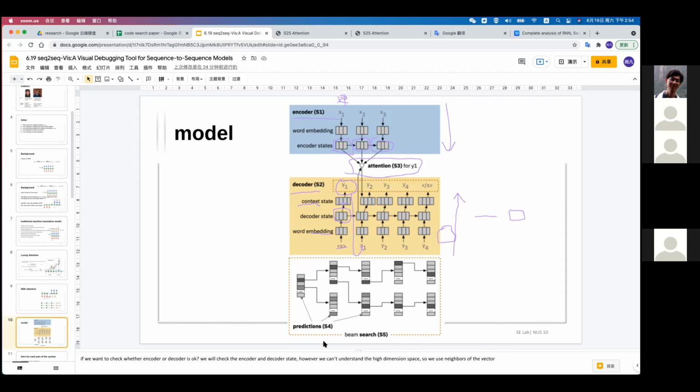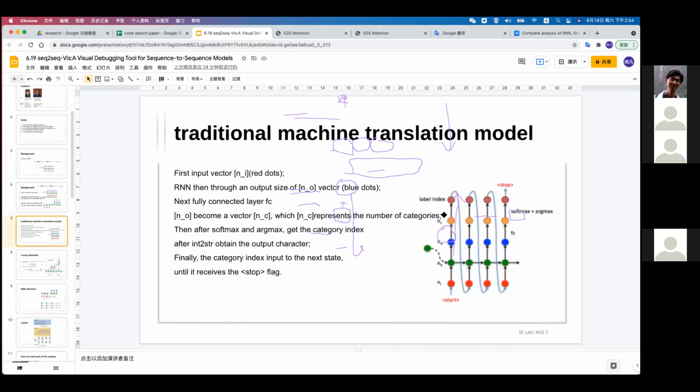Now we have finished with the encoder, decoder, and the attention. Now the fourth stage is the prediction. You should remember that I mentioned you first get a label index. You first get an NC that represents the number of categories, and then you softmax it.